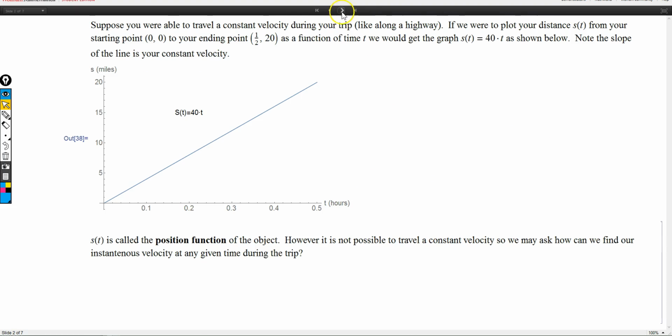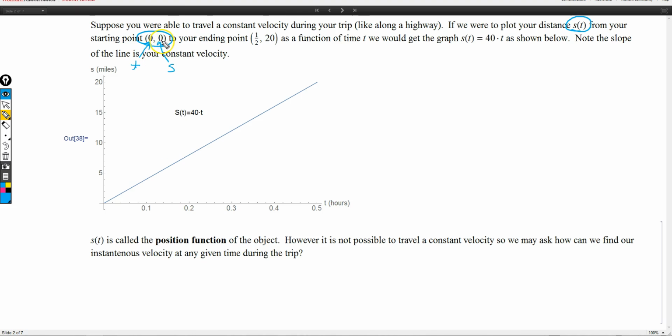Now, suppose that you were able to travel at a constant velocity during this trip, like along a highway. So your house sits right along the highway. You get on the highway and you just travel 40 miles an hour for the entire trip. If you were to plot your distance, we'll call it S of t, from your starting location, 0, 0, the first 0 is your time, t, and the second 0 is how far you are away from your home at time 0.